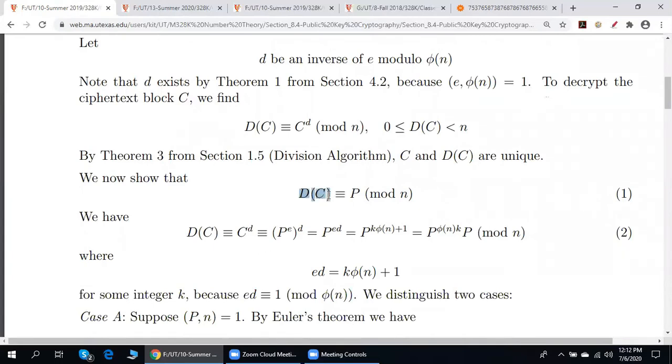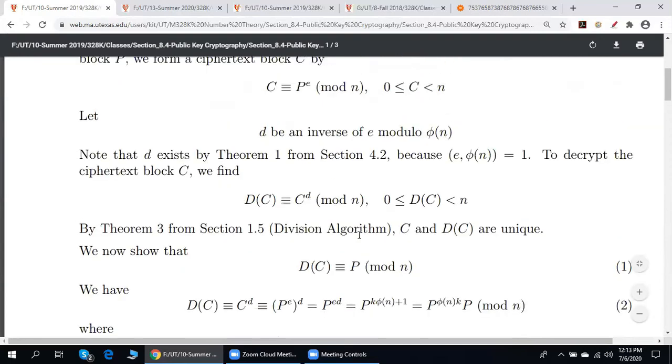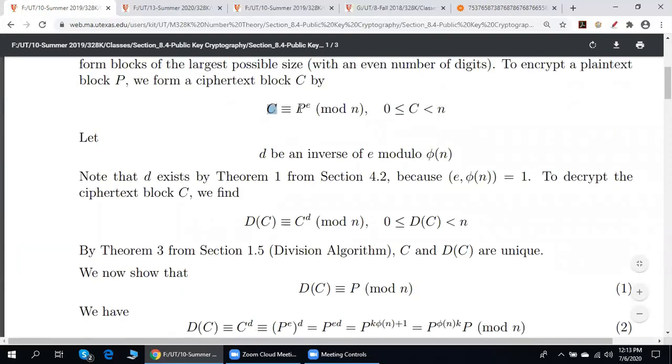Let us start with D of c, the decrypted ciphertext. According to what is written here, D of c is congruent to c to the d modulo n. So the jump from here to here is thanks to this. Now, note that c is congruent to p to the e modulo n.